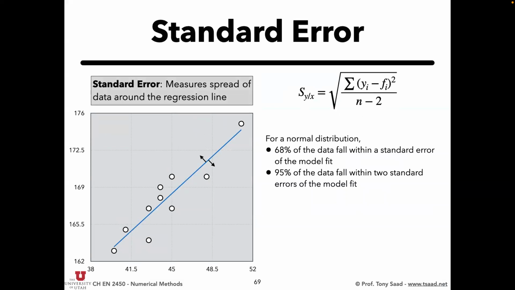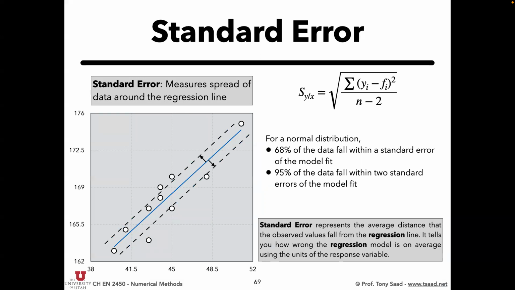All right. So again, this standard error has the same properties as the standard deviation. It is identical in meaning to the standard deviation, except instead of doing it with respect to the mean, you're doing it with respect to the regression line.